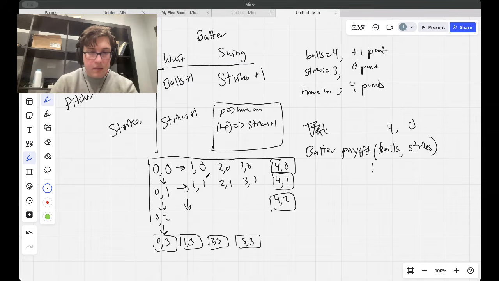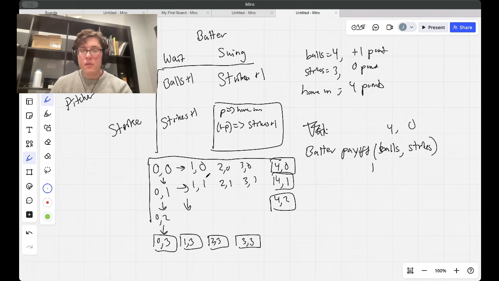So let me go back to my code just to see what this could be, and the answer that I came up with is P times 4 minus P times S, divided by B minus S plus P times 4 minus P times S.